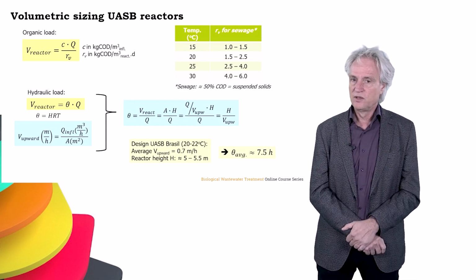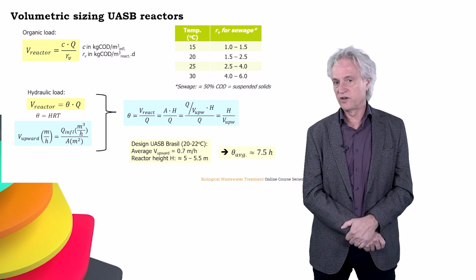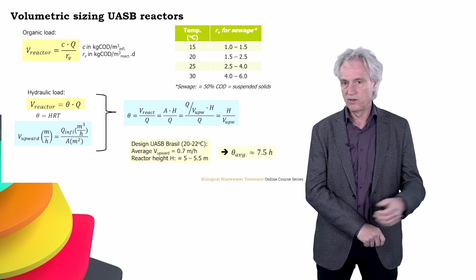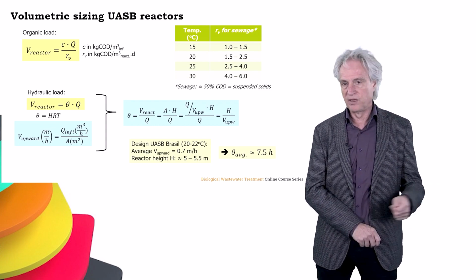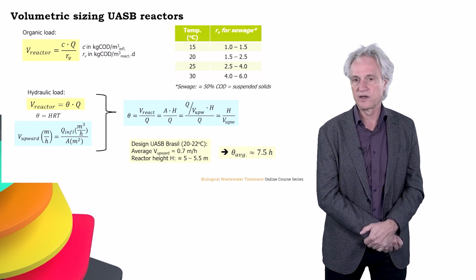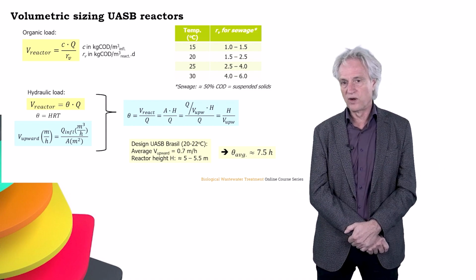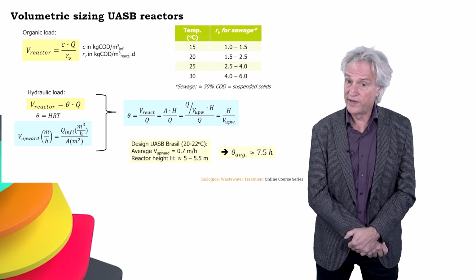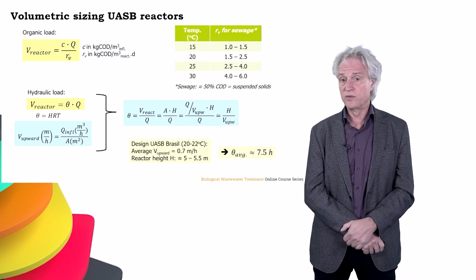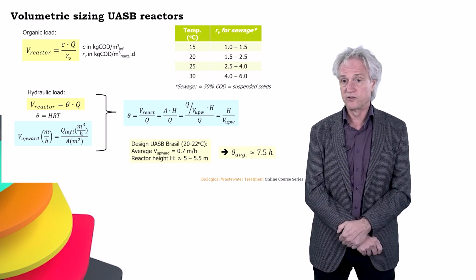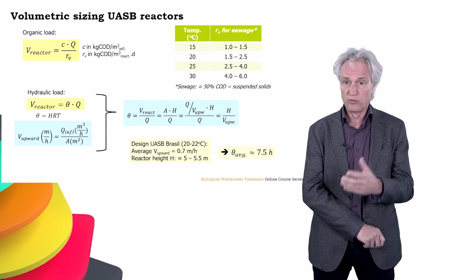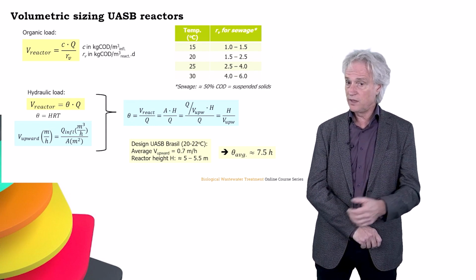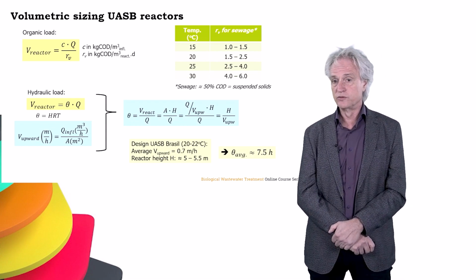In Brazil, most of these sewages are in the range of 20 degrees Celsius, particularly in the states of Sao Paulo and Rio de Janeiro, and Belo Horizonte in the state of Minas Gerais, where the temperature of the sewage is more or less around 22 degrees. The reactor height for an anaerobic sewage treatment reactor is about 5 to 5.5 meters. Now combining this with the formula above, we can calculate that the average hydraulic retention time in the UASB reactor is something like 7.5 hours.